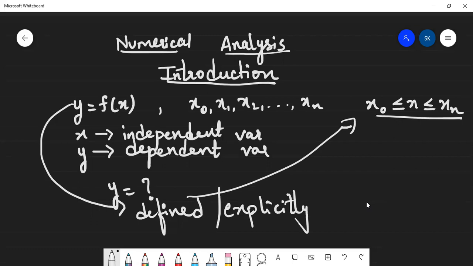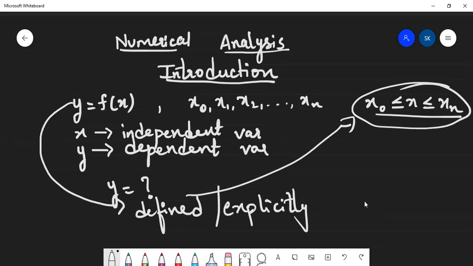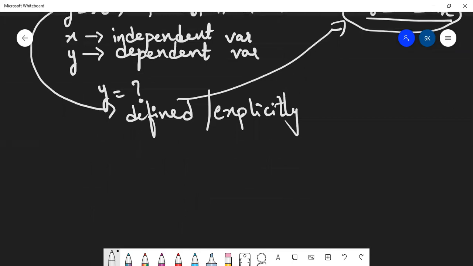Then we can definitely find the y values for any given x value in the range, right? Now my question is, what if this function y is not explicitly known?